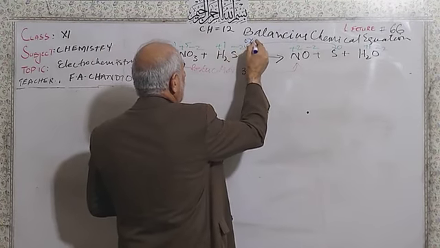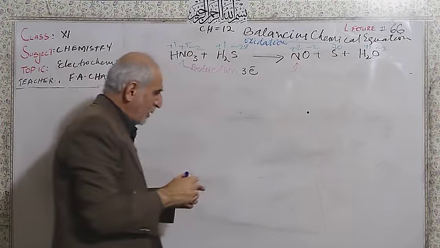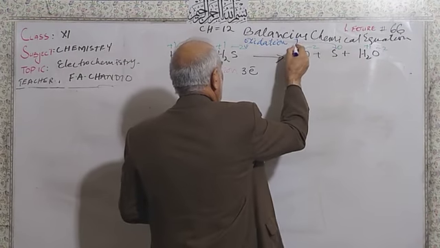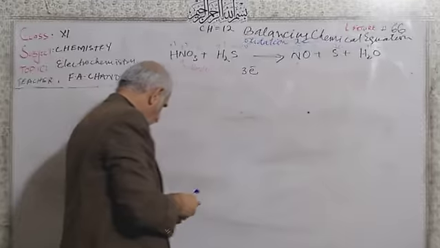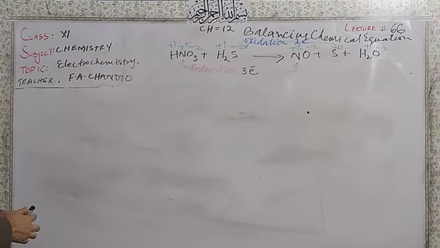So this is the oxidation. Go backward counting, -1, then 0. So this is the oxidation of the 2 electrons. 2 electrons are going to be oxidized. Hydrogen same and oxygen is also same.